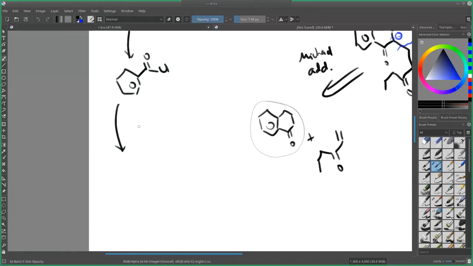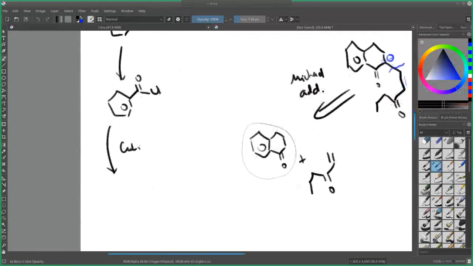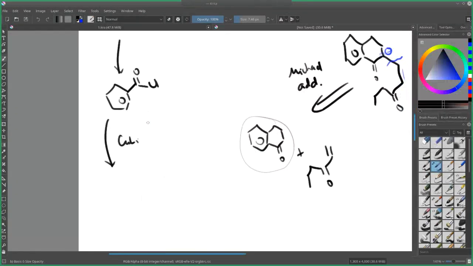We would need to add some sort of thing that can attack onto here, right? And the things we know that can do that are cuprates and lithiums and Grignards, right?